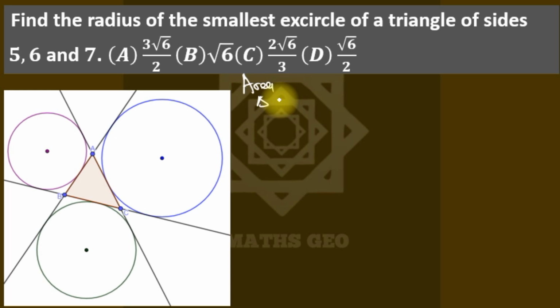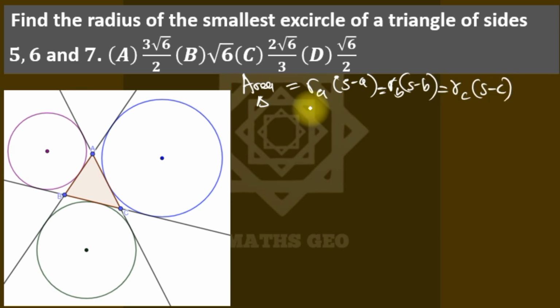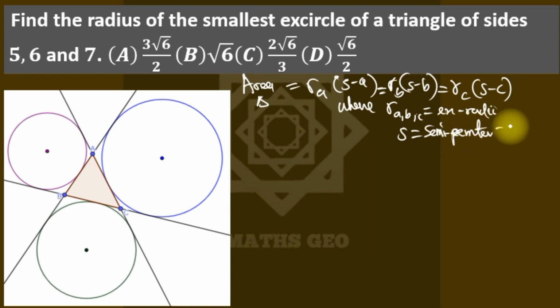The area of any triangle is always equal to the excircle radius, let me use R subscript A for the one tangent to side A, times (S minus A), or if I'm using side B, times (S minus B), or if I'm using side C, times (S minus C), where R subscript A, B, C are the excircle radii, and S is the semi-perimeter, which is the sum of the sides over 2.